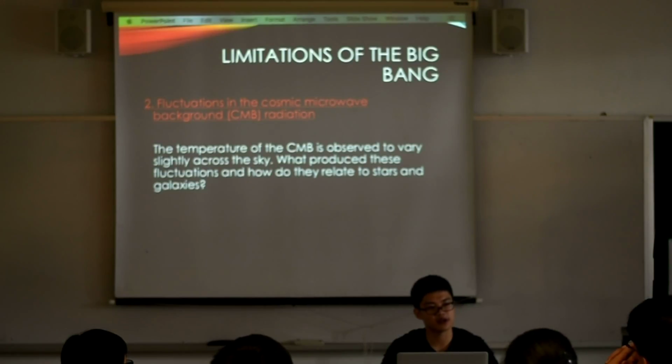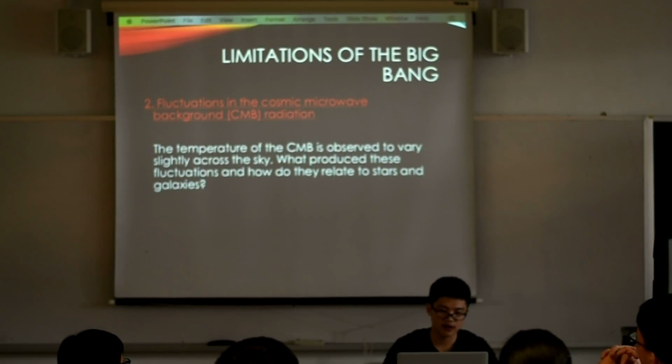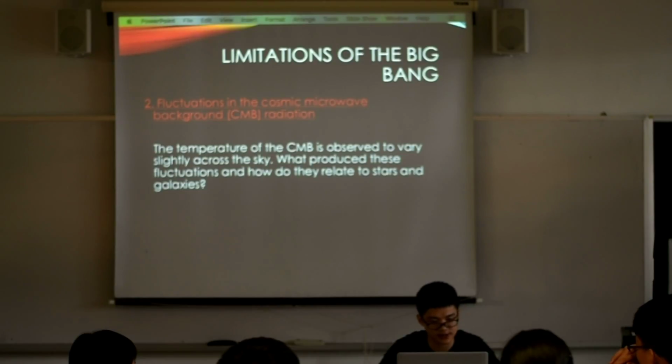The second one is the fluctuations in the background radiation. If the singularity is homogeneous, there is no explanation for why there are fluctuations. And how do they form stars and galaxies?